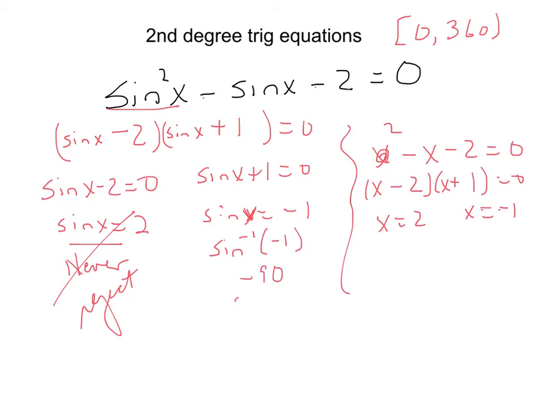We need to find the coterminal and turn it into 270. 270 is in the appropriate interval. Negative 90 is not. Now you can also take it off the sine curve, knowing that sine starts at 0, peaks at 1 at 90, 0 at 180, negative 1 at 270. So you can actually find that value off of your graph also.